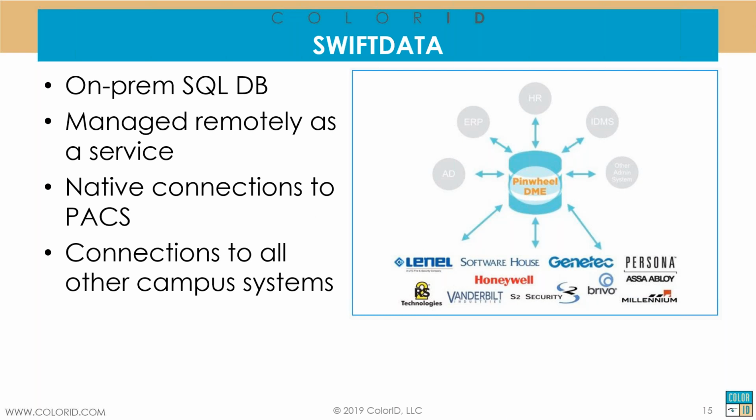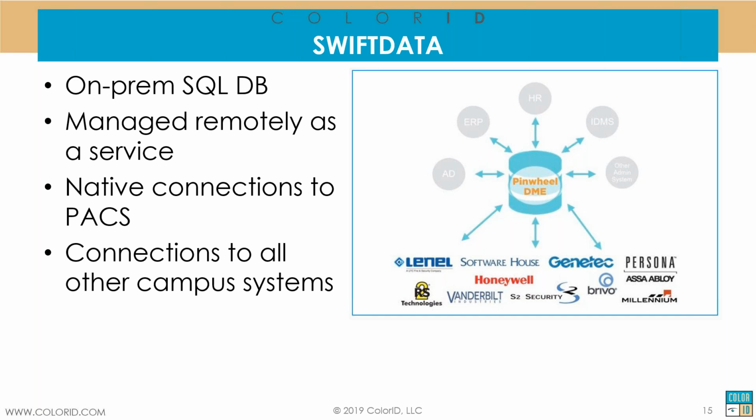In the world of moving and manipulating data and sending it with appropriate permissions and revoking those when necessary, SWIFTDATA has a very innovative service. They install a database on your premises and their application on it, which they call Pinwheel Data Management Engine, DME.